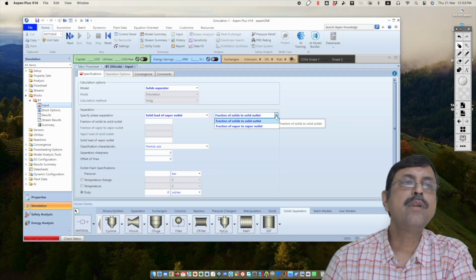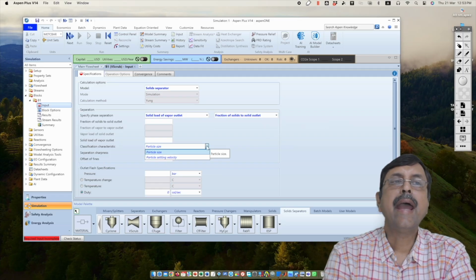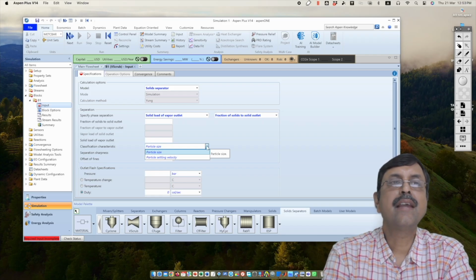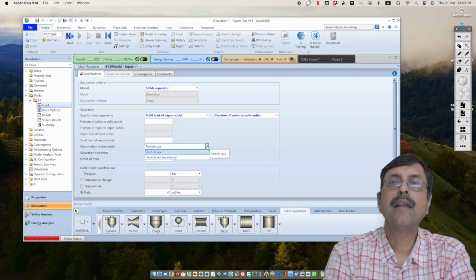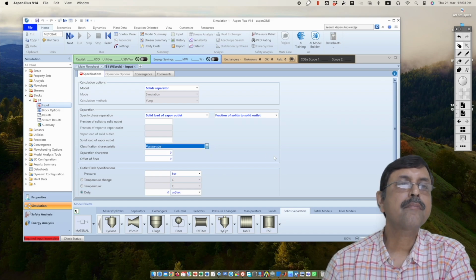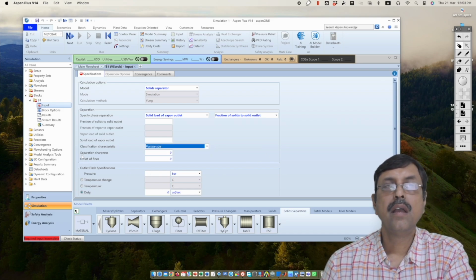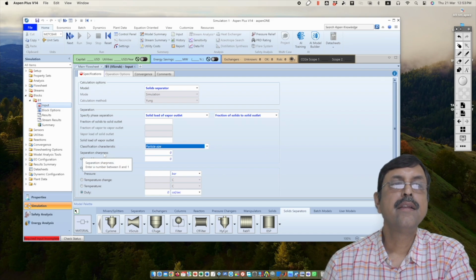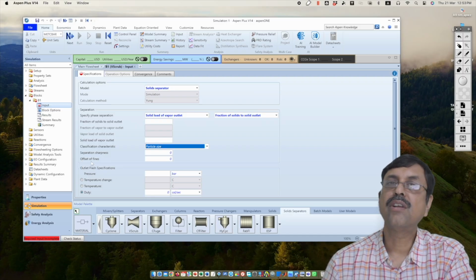So these two pieces of information will be asked, and also you will be asked about the classification characteristics like either particle size or particle settling velocity. You have to specify the separation sharpness and offset of fines. You already know what they are.